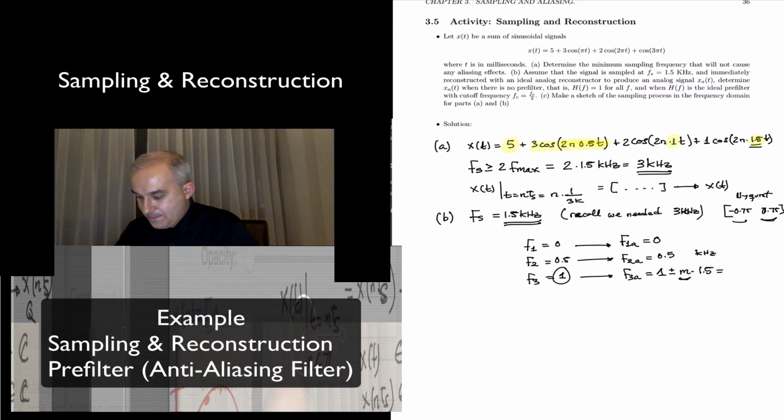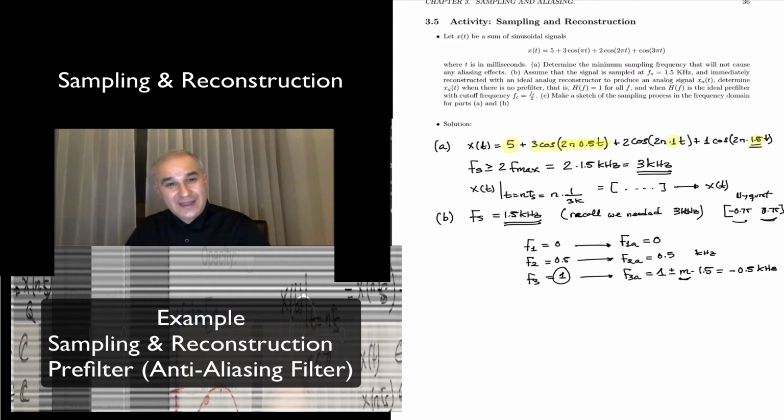And so we can see here that if we do m equals minus 1, we get 1 minus 1.5, which gives me minus 0.5 kilohertz. So this 1 kilohertz is going to alias to minus 0.5 kilohertz.